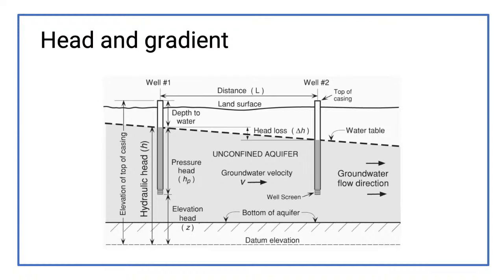The difference between the two is our head loss, our delta H, and that's going to be our gradient as long as we're along that flow direction. The distance between the two wells is going to be L, and we'll use that in our calculation for both gradient and groundwater flow direction.